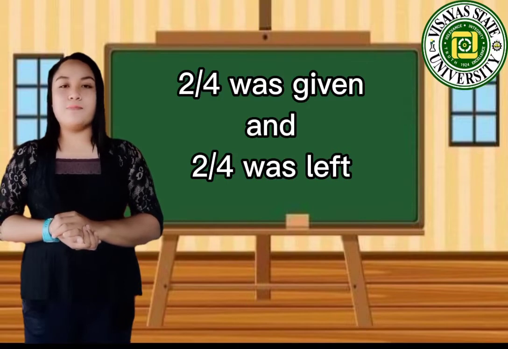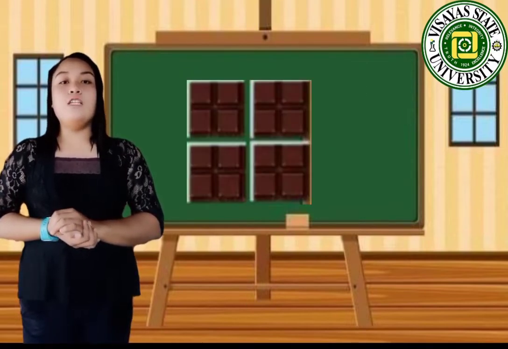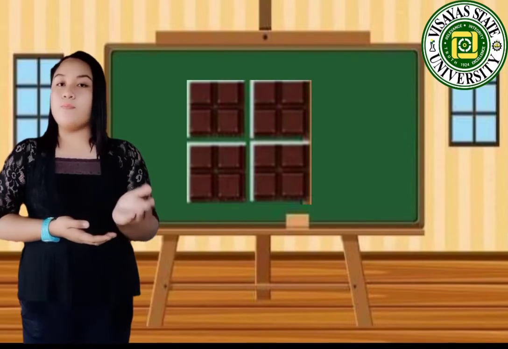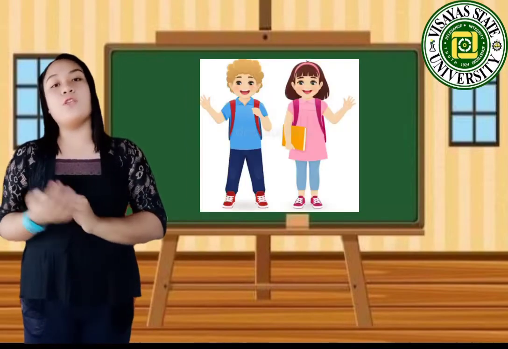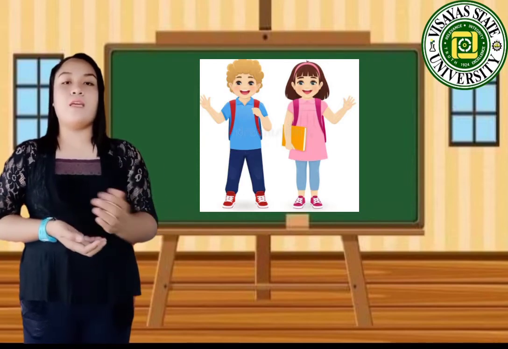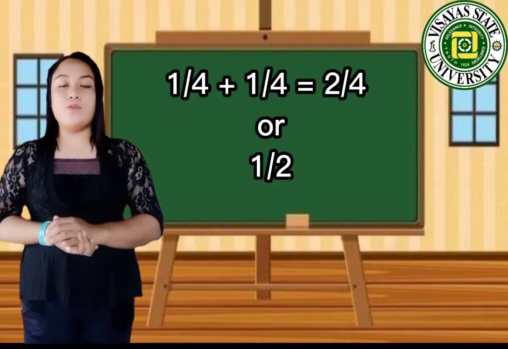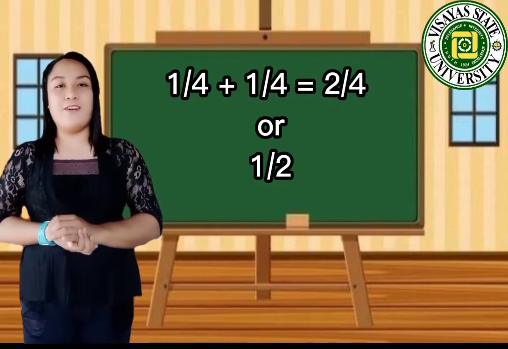Very good. So I have divided the chocolate into 4 equal parts, and I have given 1/4 to Naomi and another 1/4 to Tristan. So 1/4 plus 1/4 is equal to 2/4 or 1/2.